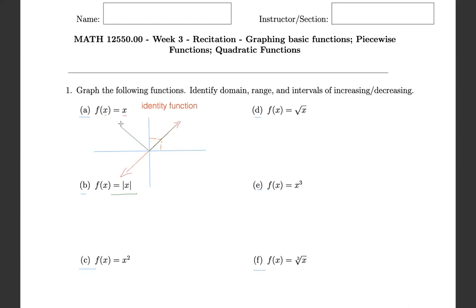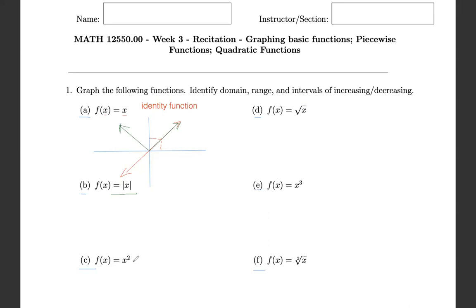It's a V. And of course, we indicate with an arrow. It keeps going this direction forever. It keeps going on this direction forever. So we have this V shape. That's the absolute value function.